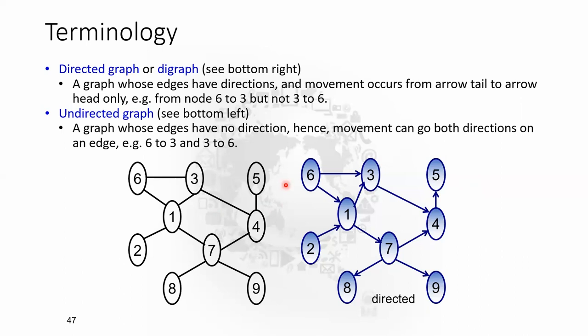As mentioned just now, if this one goes to the 3, then it must be 6 to 3. You cannot go from 3 to 6. If it is an undirected graph, it is only connected with edges that have no direction, so the movement can go from 6 to 3 or 3 to 6.